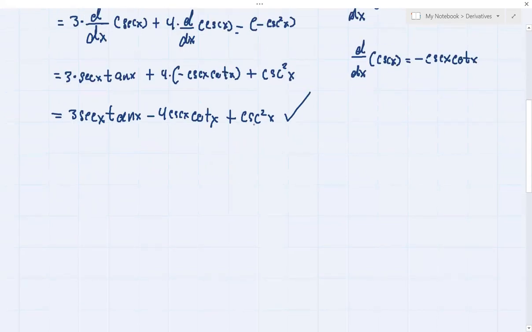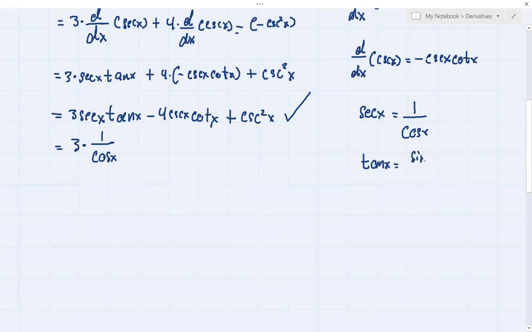Okay? So, remember that the secant x is equal to 1 all over cosine x, right? So, therefore, ito, we will have 3 times 1 all over cosine x. Then we have tangent x. The tangent x, this is basically the same as sine x all over cosine x. So, meron tayong times sine x all over cosine x.